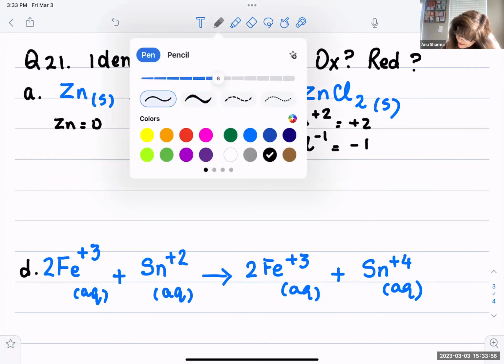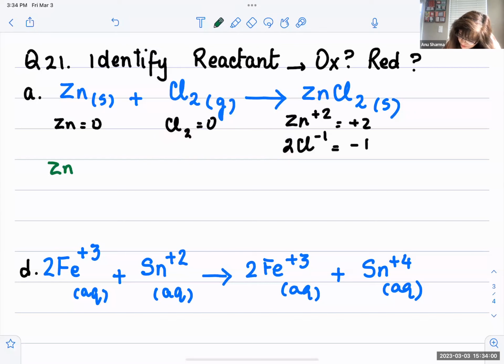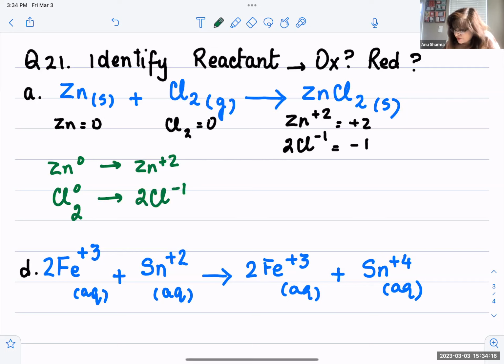So if you look at it here, zinc is going from 0 to zinc +2 state, and chlorine, Cl2, which is 0, is going to 2 chloride ions with -1 charge. So here chlorine is reduced, whereas zinc got oxidized.